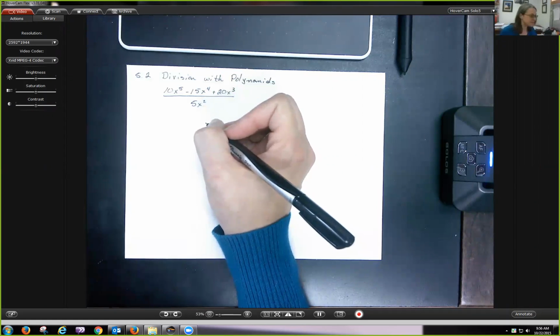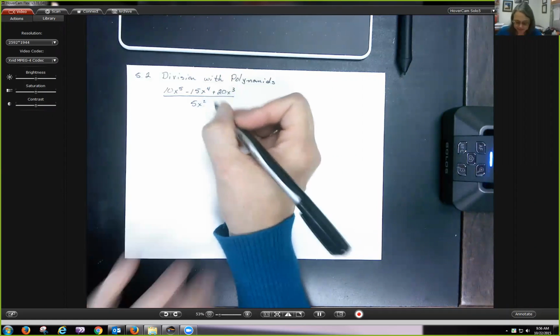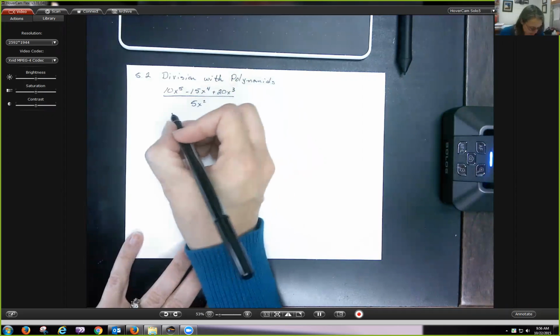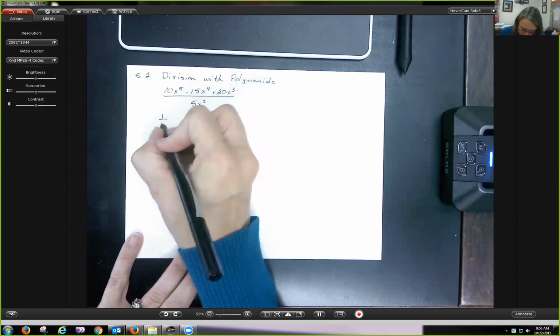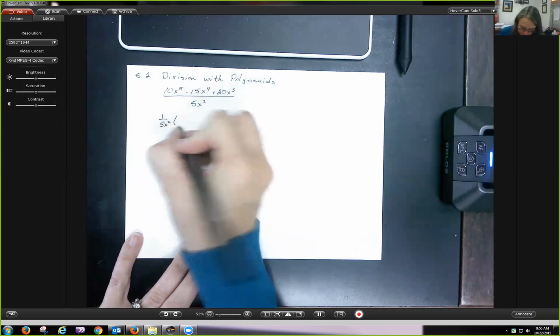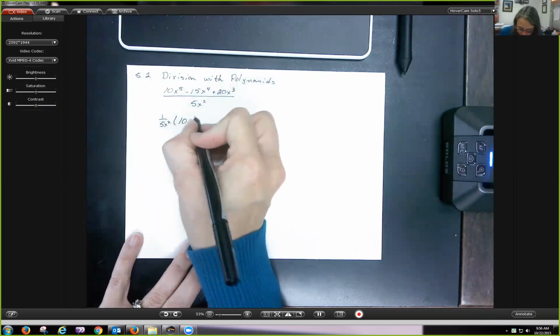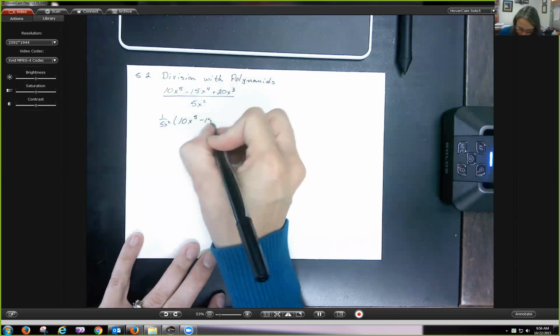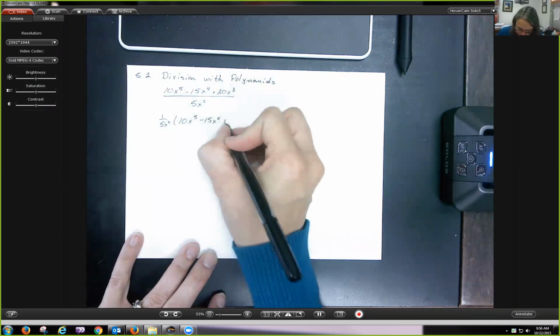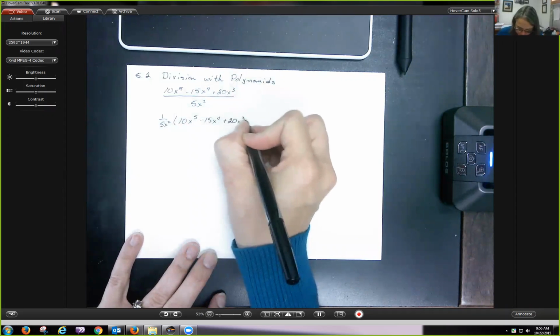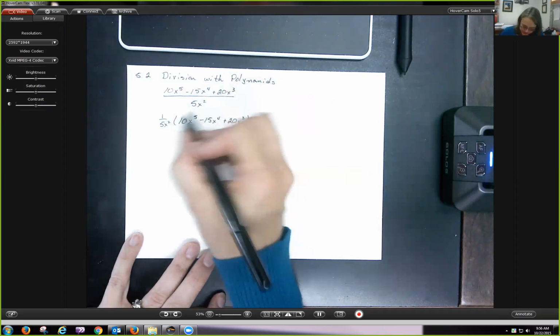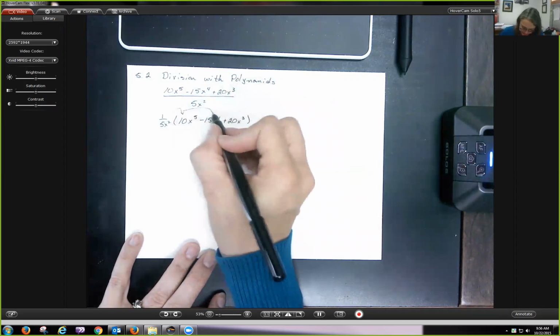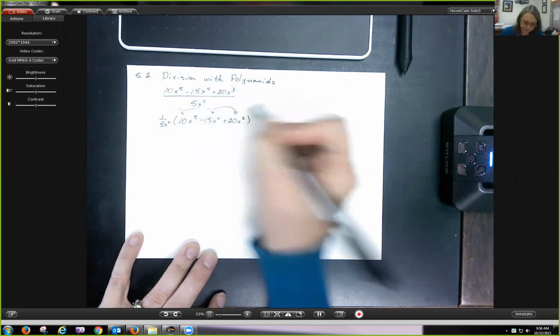You probably remember that dividing by a monomial is the same thing as multiplying by the inverse of that monomial. And so then what we do is we distribute that multiplication all the way through.